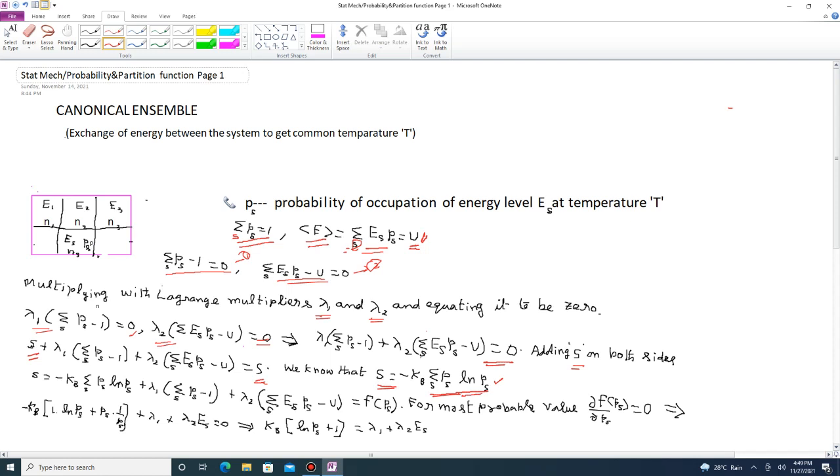Now let us substitute this value of S on the right hand side. Therefore S is equal to minus kB summation over S of Ps logarithm of Ps, plus lambda 1 into summation over S of Ps minus 1, plus lambda 2 into summation over S of Es Ps minus U. So the expression for S becomes like this.